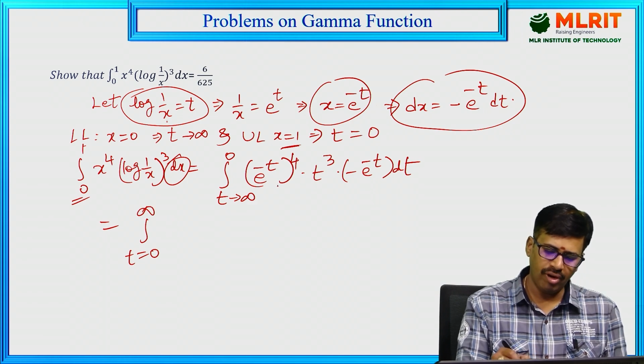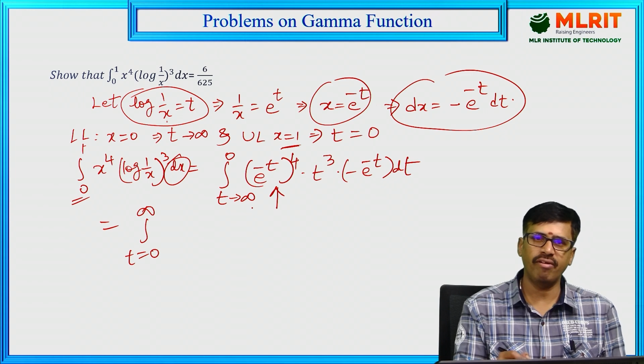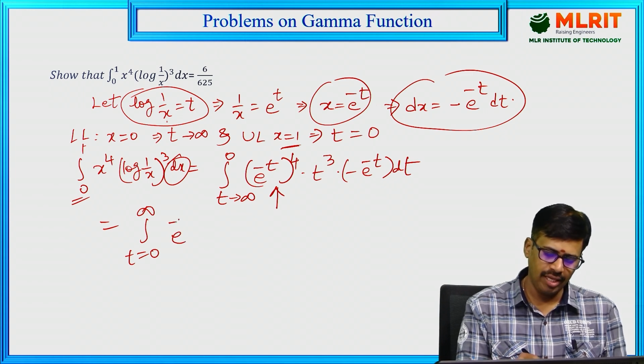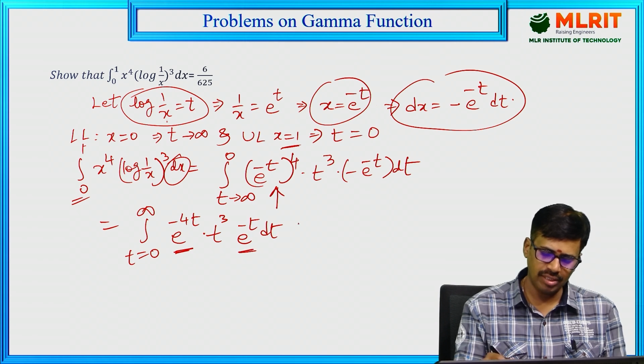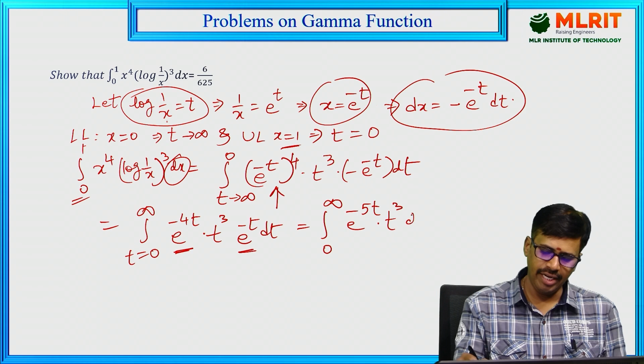This (e power minus t) whole power 4 can be written as e power minus 4t into t cube into e power minus t dt. So e power minus 4t times e power minus t gives e power minus 5t into t power 3 dt.